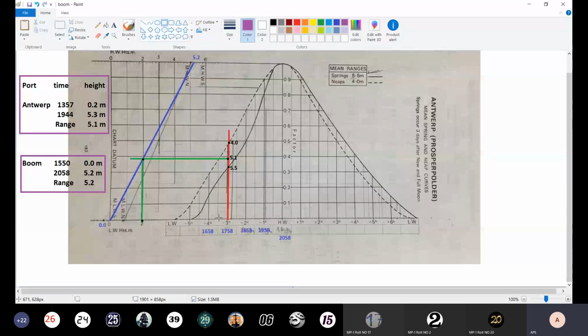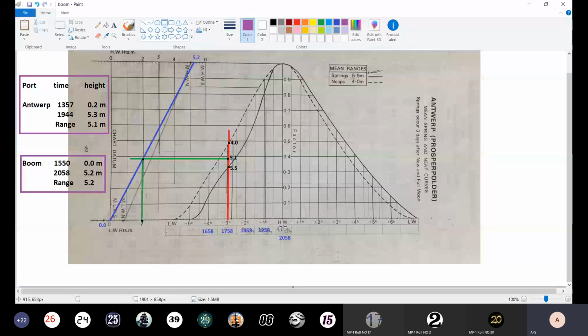Then what did I tell you? In the middle, you write high water time. So inside this box, you can put 2058. See this time, 2058, high water. So write down here in this box, 2058.